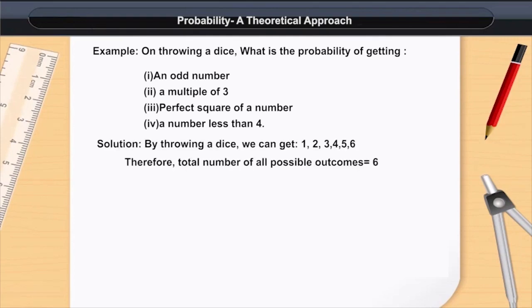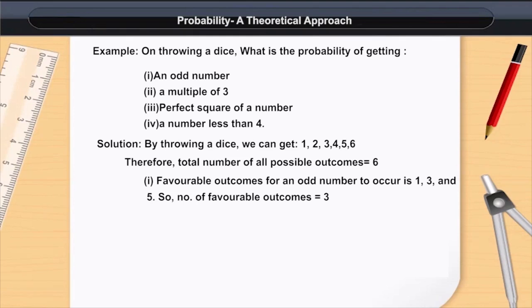Solution: by throwing a dice, we can get 1, 2, 3, 4, 5, 6. Therefore, the total number of all possible outcomes is equal to 6. 1. Favorable outcomes for an odd number to occur are 1, 3, and 5.